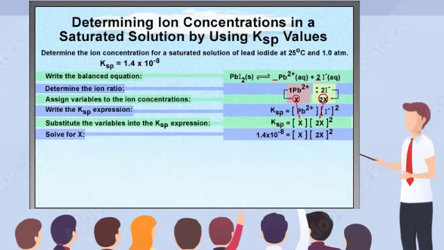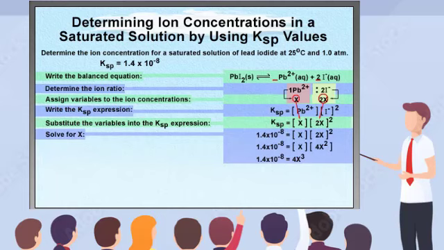You now want to square 2x, which is 4x squared, before multiplying it by x. Remember that when you multiply two numbers that are raised to exponents, the coefficients are multiplied, but the exponents are added. Doing this gives the equation 1.4 times 10 to negative 8 equals 4x cubed.